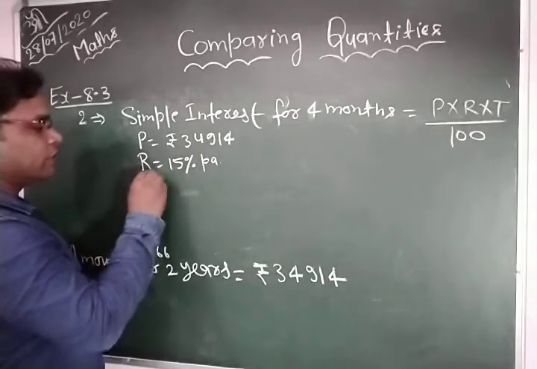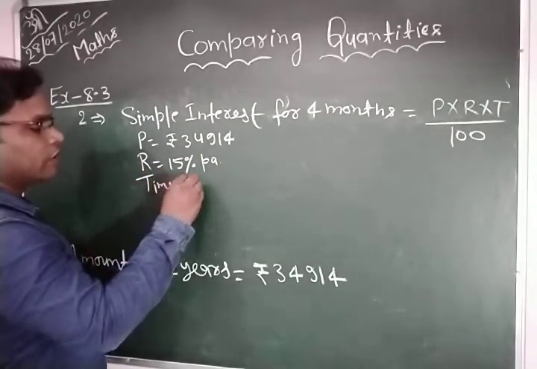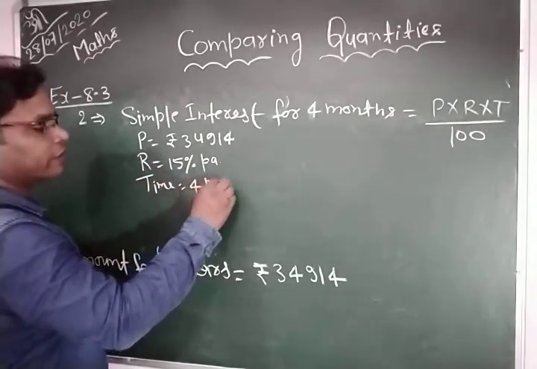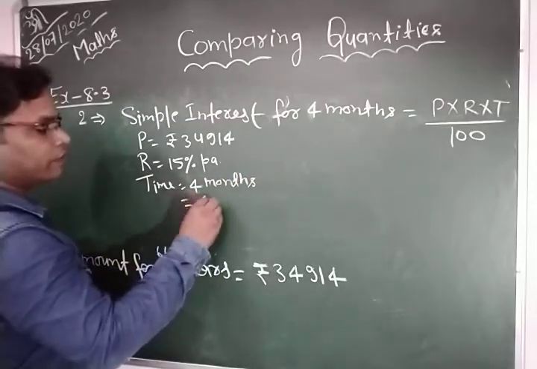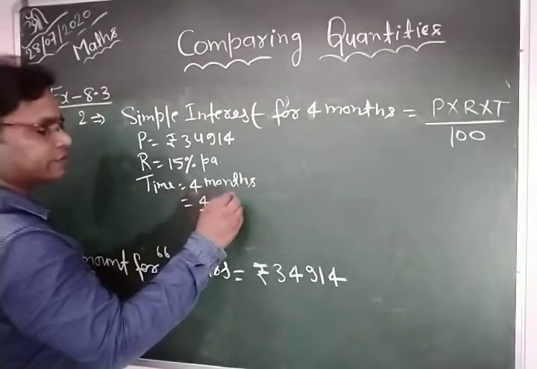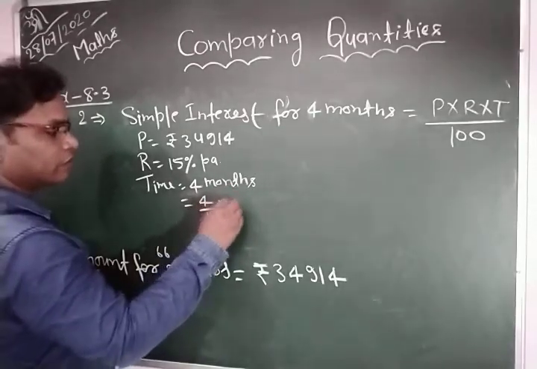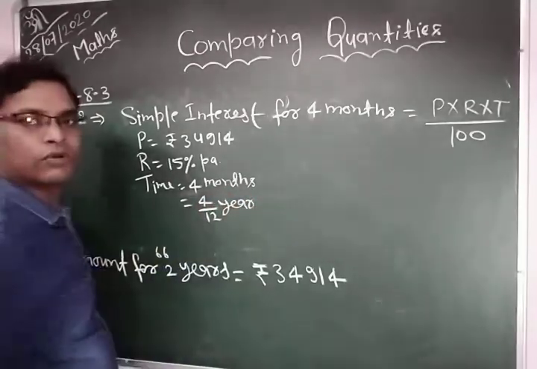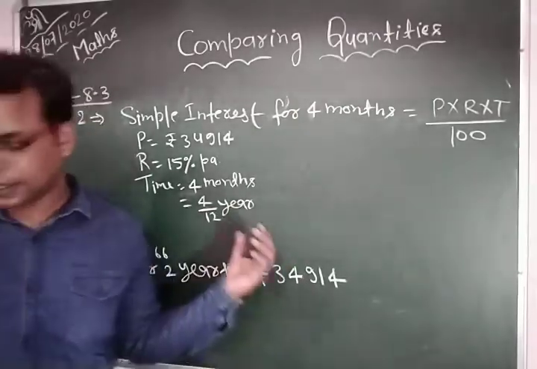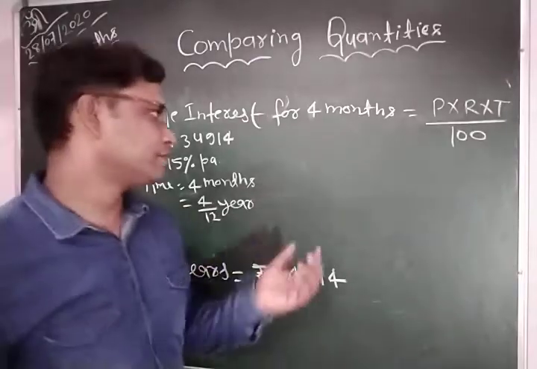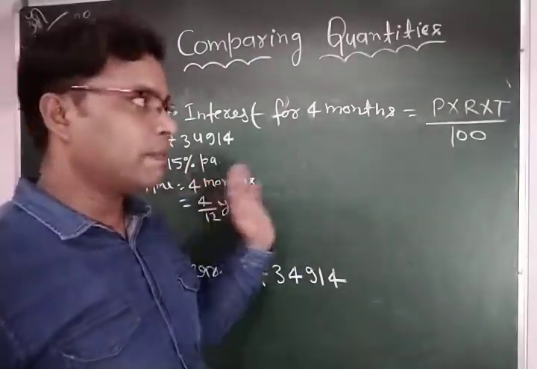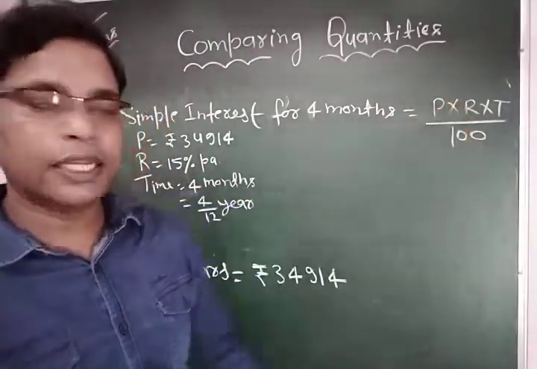And time is equal to 4 months. This is equal to 4 by 12 years. Clear? 4 by 12 years. This is given. Okay. Now we put the values of principal, rate, and time.